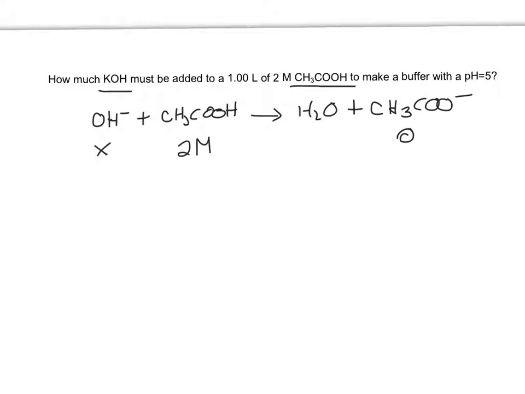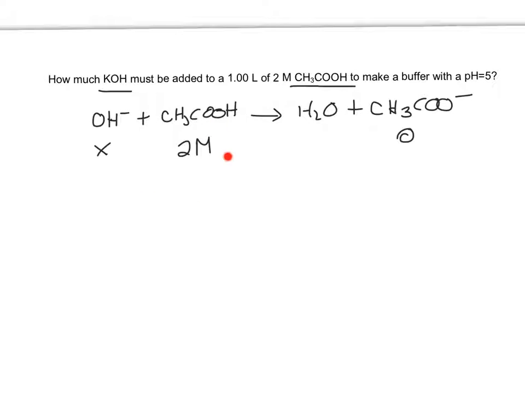Well, what's going to be my limiting reactant? If I'm asked how much KOH I need to add to this, then that means I need to use up all my KOH, right? I should not have extra OH minuses floating around. So if I start out with X here, X is going to get used up.